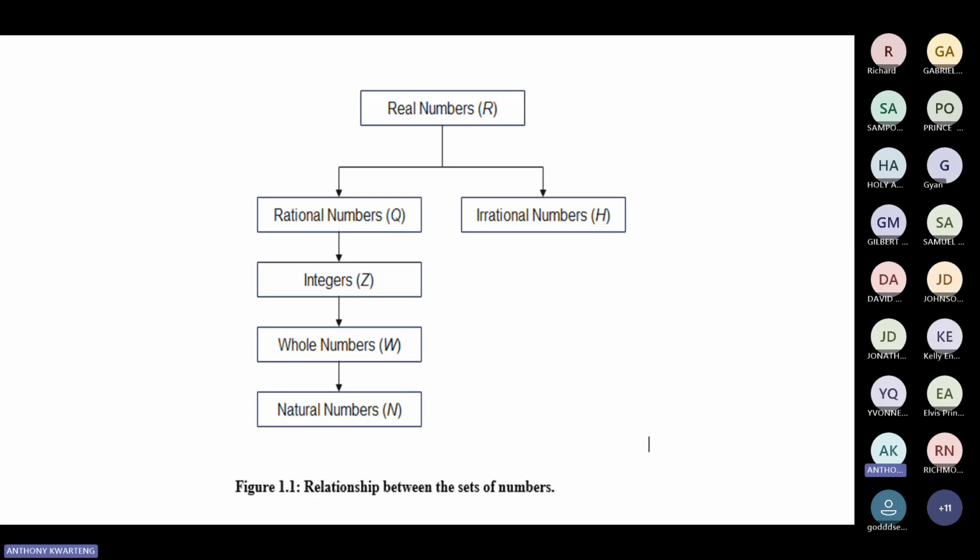Rational numbers start from the natural numbers, then the whole numbers, where we find all the natural numbers. Then we have the integers, and inside them we have all the whole numbers also. Did I get my point?